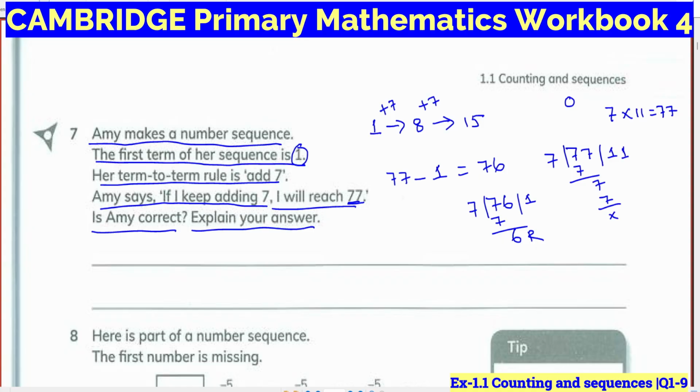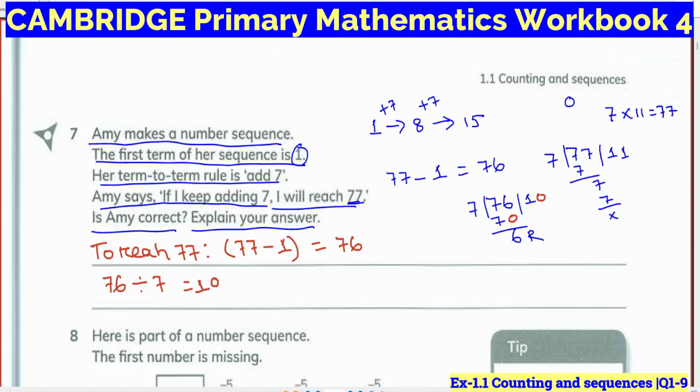So how can we write this one? We can write like, to reach 77, that means 77 minus 1 equals 76. 76 divided by 7 equals 10, right? 70.